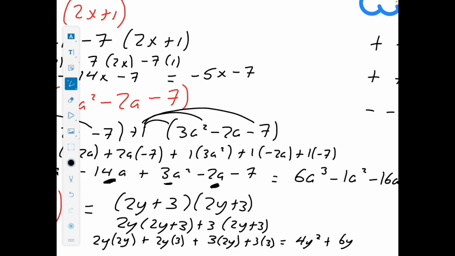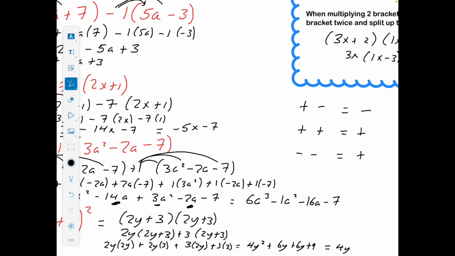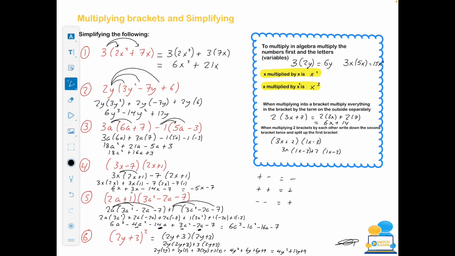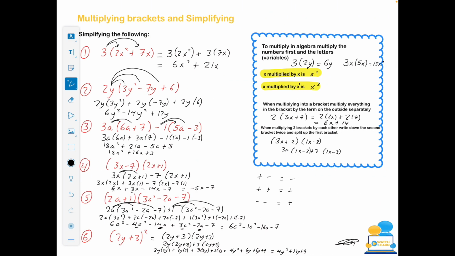I'm going to multiply that out. That will give me 4y squared, 2y by 2y. Then 2y by 3 will give me 6y. 3 by 2y will give me 6y as well. And then 3 by 3 will be 9. Simplify that a little bit. Then I'm going to get 4y squared plus 12y plus 9 is my answer.